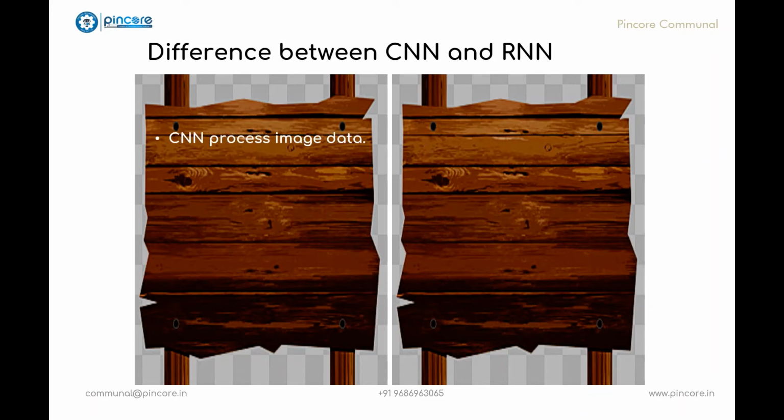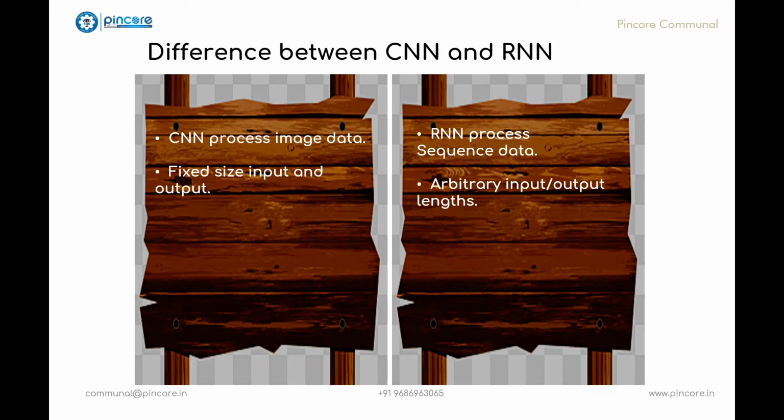CNN employ filters within convolutional layers to transform spatial data such as images, whereas RNNs reuse activation functions from other data points in the sequence to generate the next output in a series for sequence or temporal data. The CNN network takes fixed size inputs and generates fixed size outputs, whereas RNN can handle arbitrary input-output length.